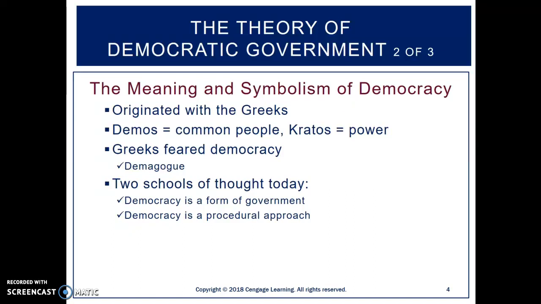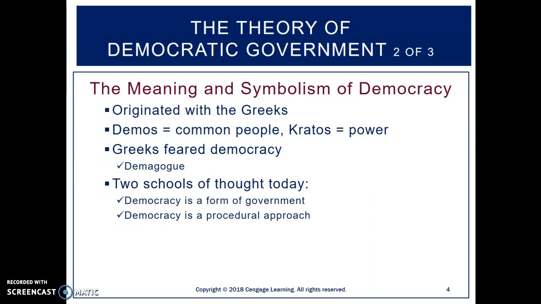Now, there are 2 major schools of thought about what constitutes a democracy. Some will say that democracy is a form of government in which you emphasize procedures, such as meeting to discuss issues, voting in elections, running for public offices, those types of procedures.